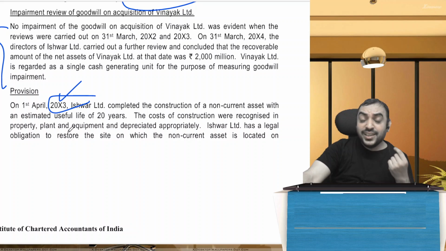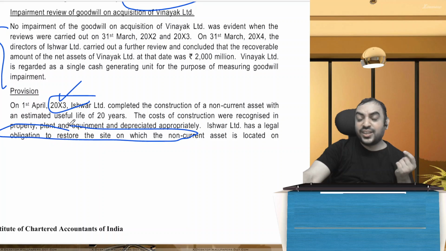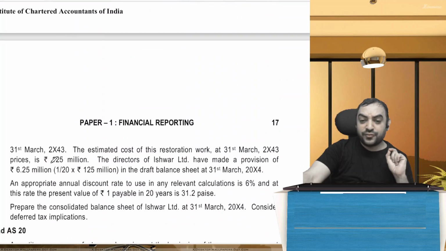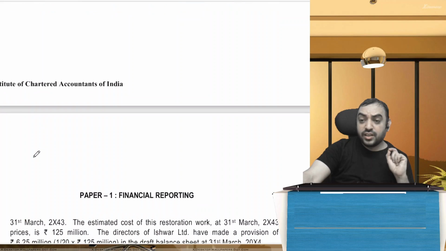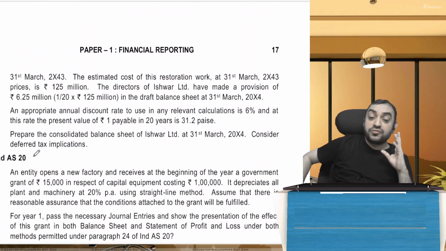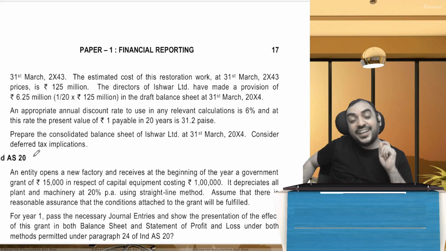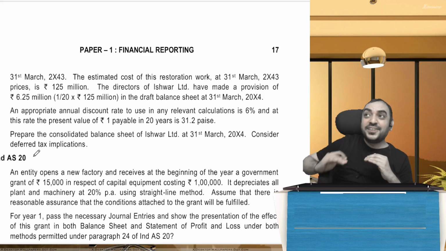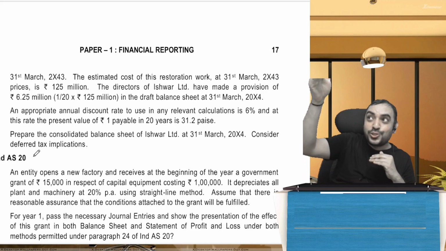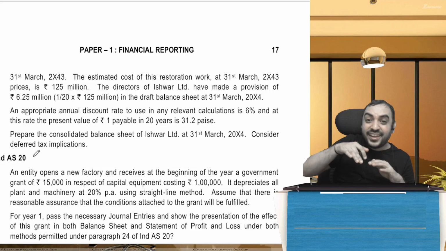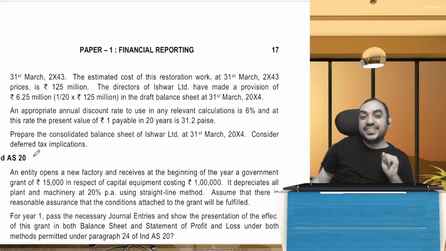Issuer Limited had a legal obligation to restore the site, located on 31st March 2043. Obligation to restore the asset to original condition, Ind AS 16. Provision for dismantling, provision for decommissioning. The future liability should be recorded today at present value.